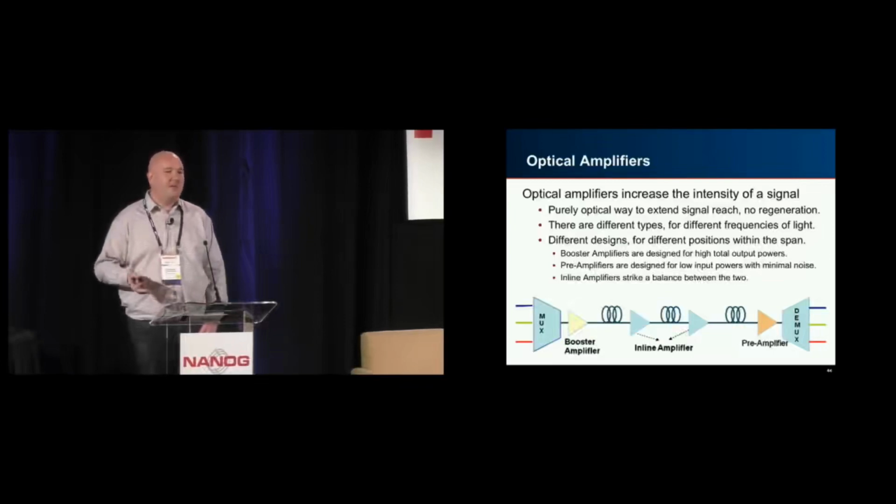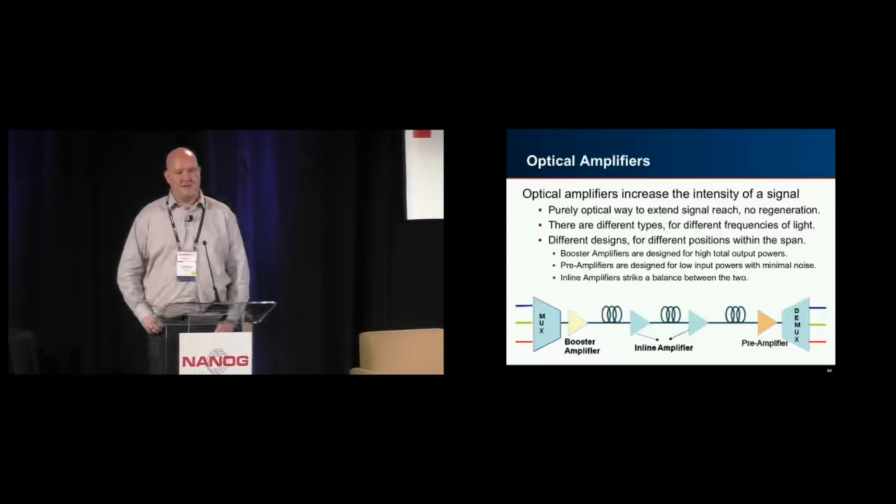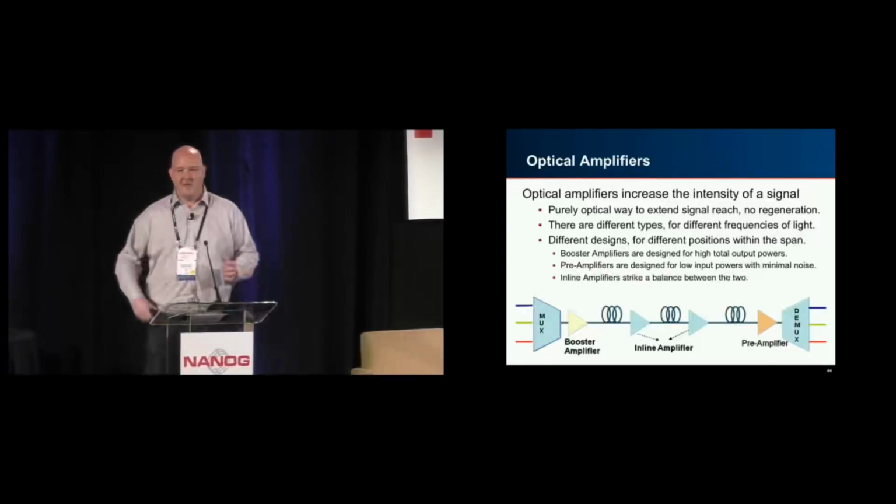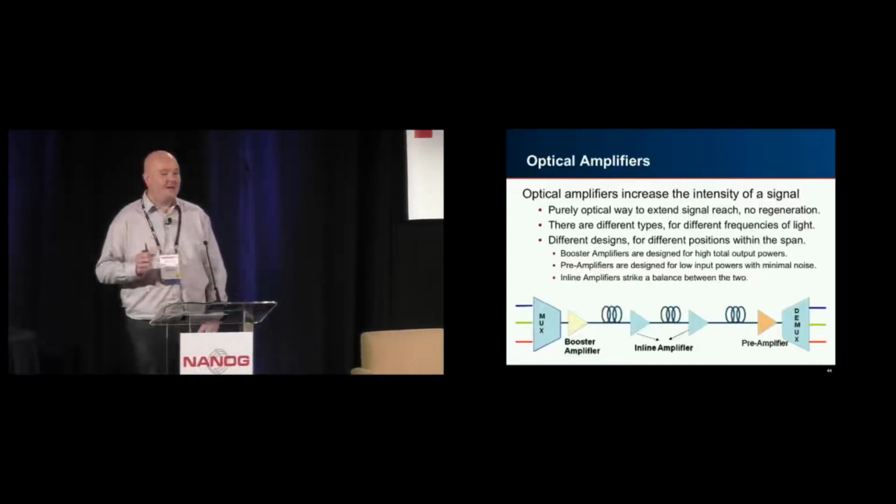The 3 main things that you'll hear talked about, the 3 main applications, are what's called the booster, the preamp, and the inline. The booster amplifier is designed to be used right at your transmit. It's designed to work with really high power levels and to get the signal as powerful as it can before it goes out into the fiber. The inline amplifier is something that's in the middle. It might not ever be going to a receiver, it's just a hut somewhere in the middle, and it's trying to make the signal brighter.